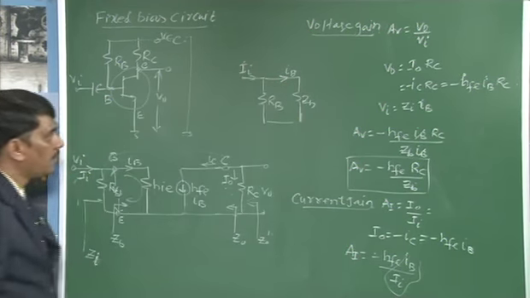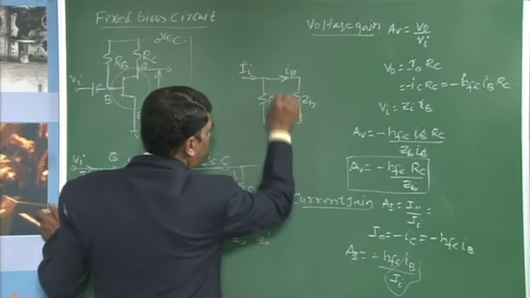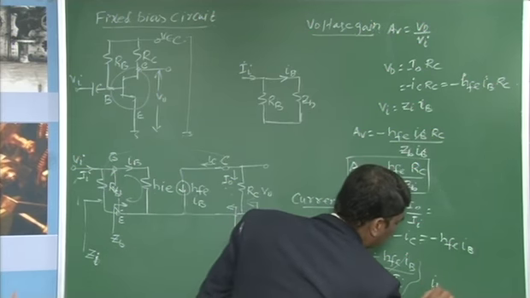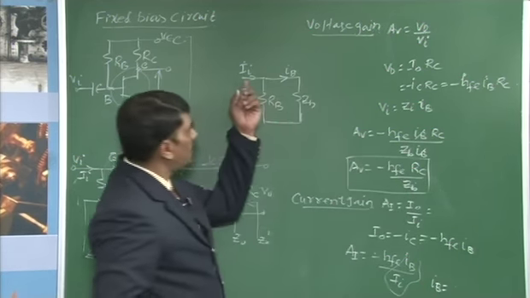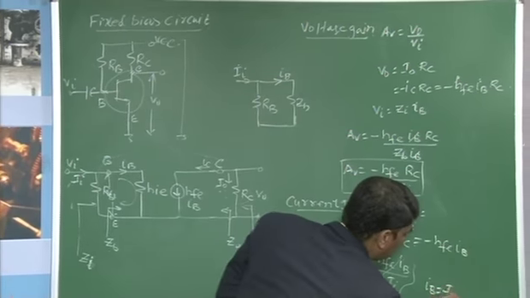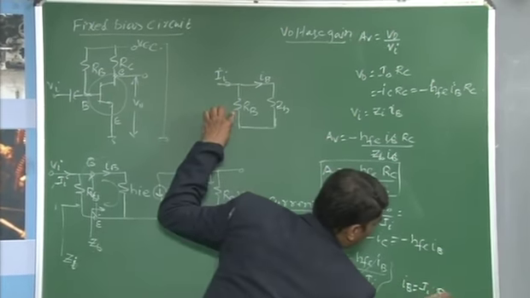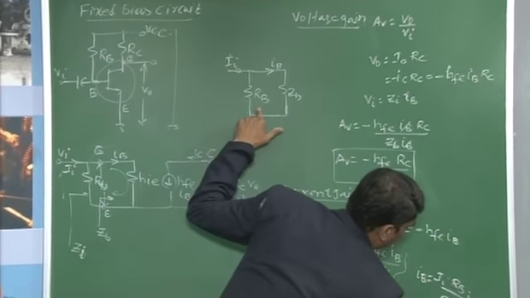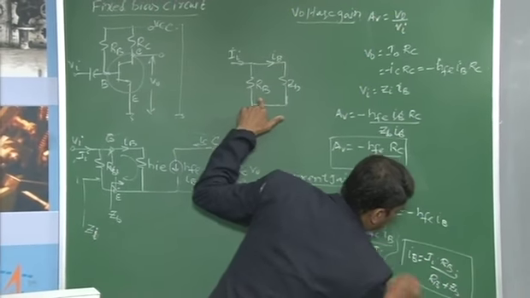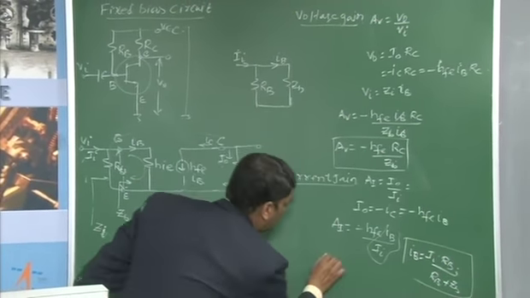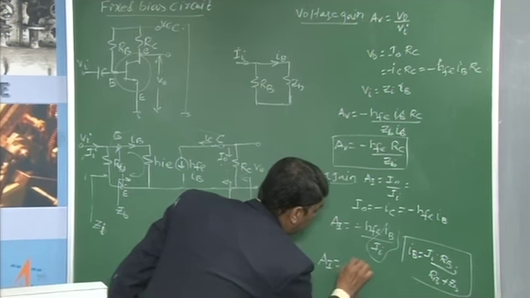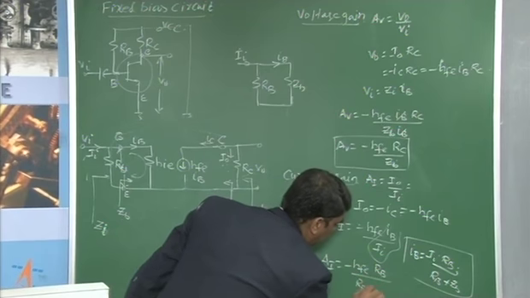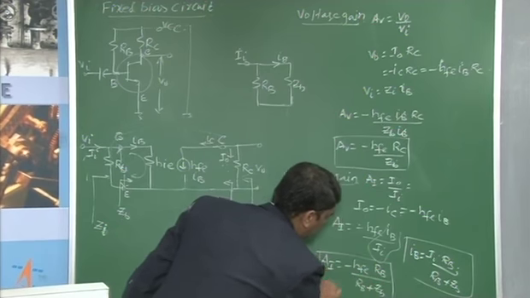Using the current divider of a two-branch network, IB is given by the total current II times the opposite branch resistance RB divided by the total resistance RB plus ZB. If you substitute here, the current gain AI is given by minus hfe times RB divided by RB plus ZB.